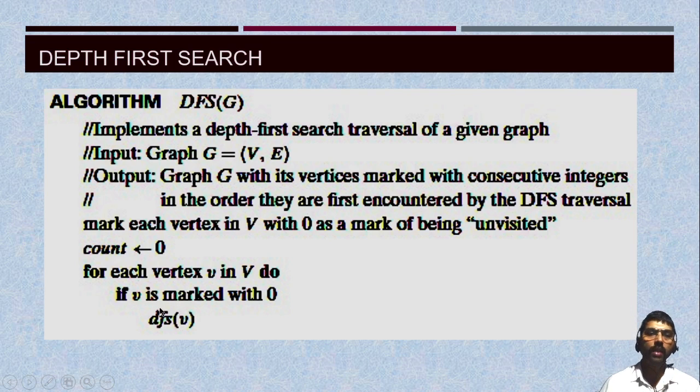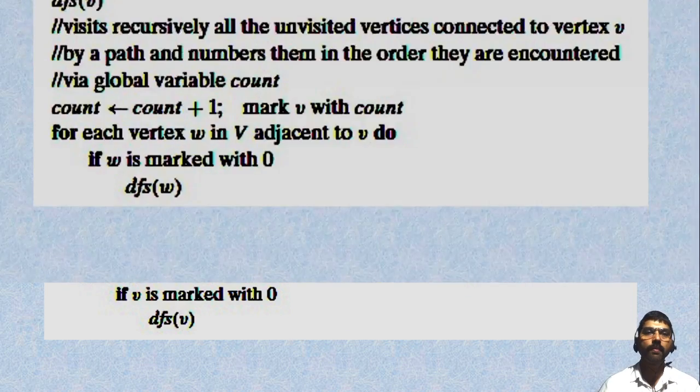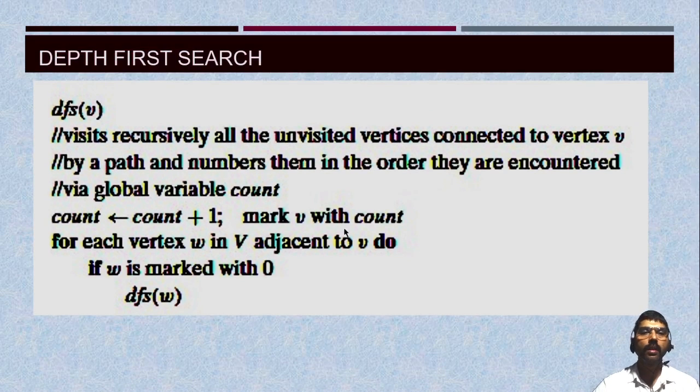Now, how does the DFS actually work? This DFS works recursively. It visits all the unvisited vertices connected to vertex v by a path and numbers them in the order they are encountered by a global variable count.